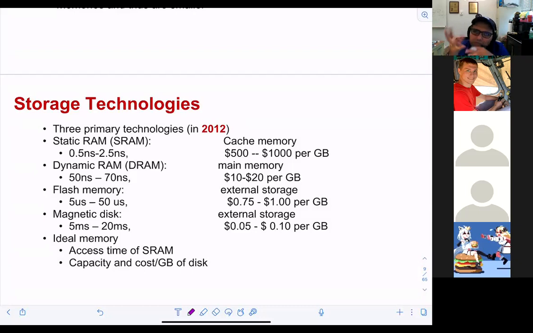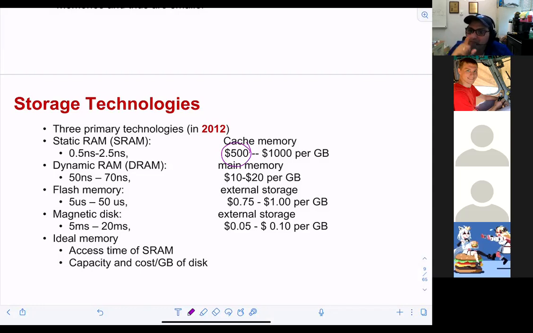Roughly, they say 6 to 8 transistors are used to host 1 bit. That's why the price is really expensive. So you can see the cache is $500 per GB.